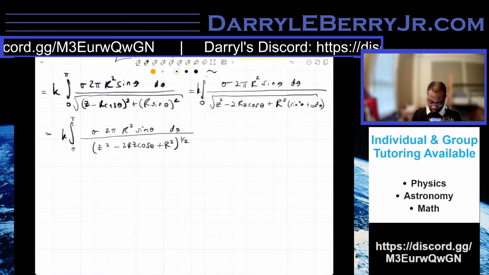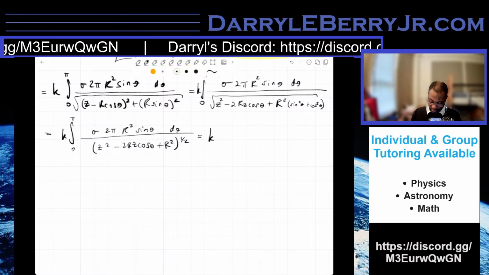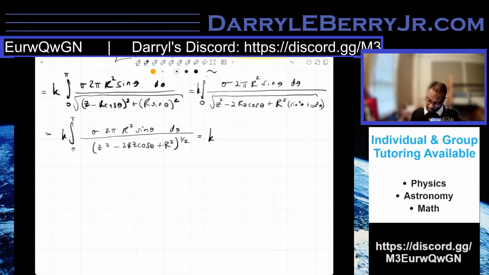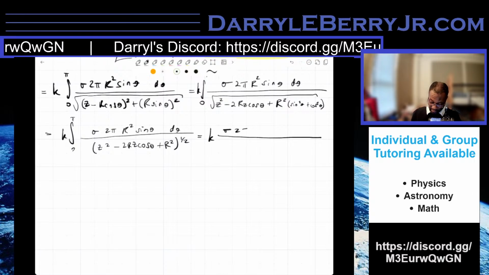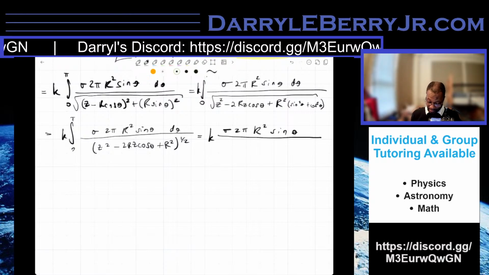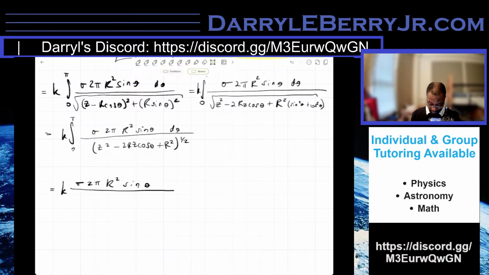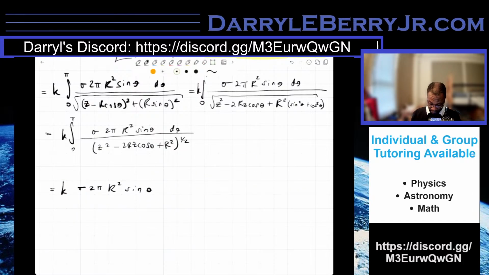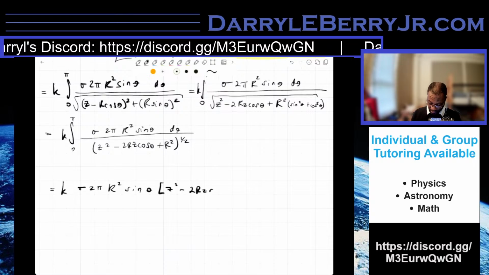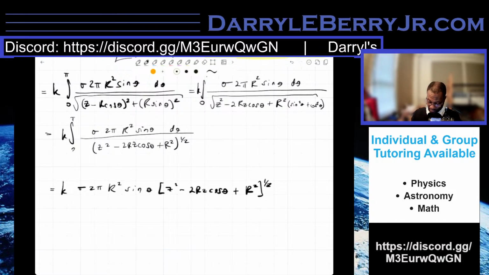So what we'll do is take an integral of the bottom one, which will be sigma 2 pi big R squared sine theta, and we have z squared minus 2rz cosine theta plus r squared to the 1/2.